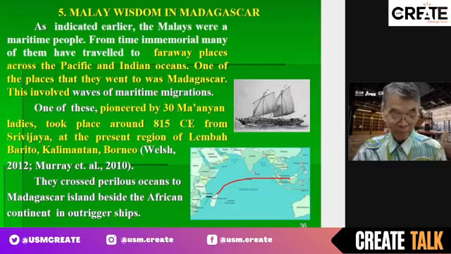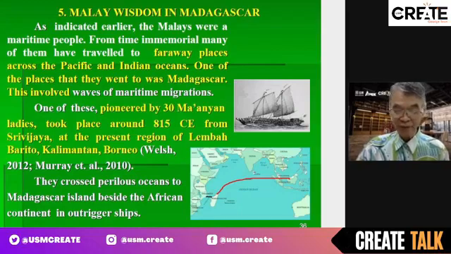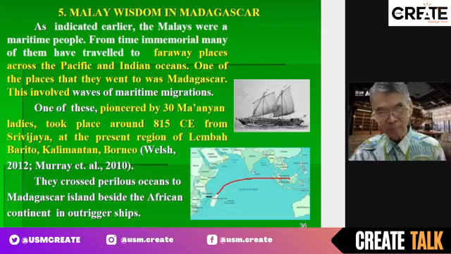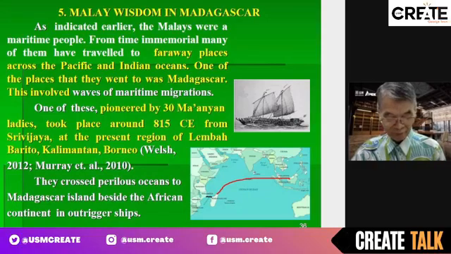Don't ask me whether they went by themselves or they were accompanied by their men or not. I'm sure the men were there, but something happened probably. The men perished. Imagine they crossed the perilous ocean to Madagascar island beside the African continent, and they were using only outrigger ships.